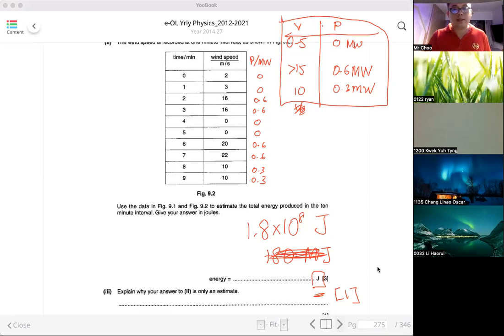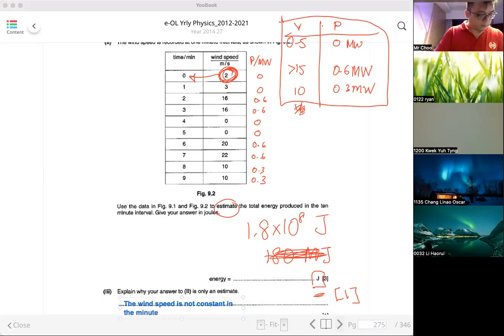Okay, why would this answer be an estimate? Because we are assuming that the speed remains the same for the whole minute. Is that clear? However, in actual fact, the wind speed is not constant in the minute following the measurement.